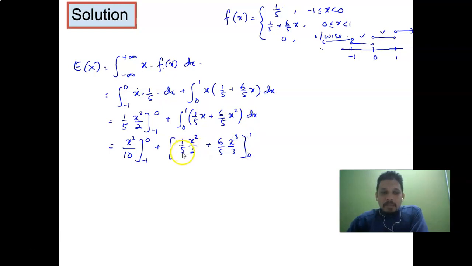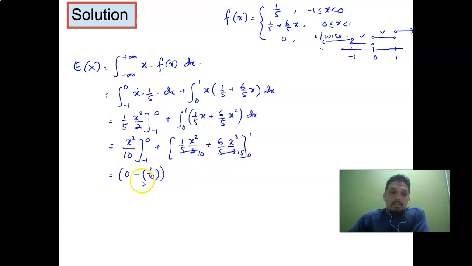So this one we simplify: 5 times 2 equals 10, 5 times 3 equals 15. So we substitute the values of 0 and negative 1, then 1. Substitute 0 first. 0 squared divided by 10 is 0, minus negative 1 squared, which is 1 over 10.